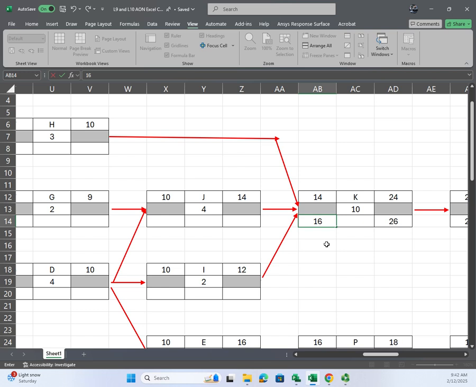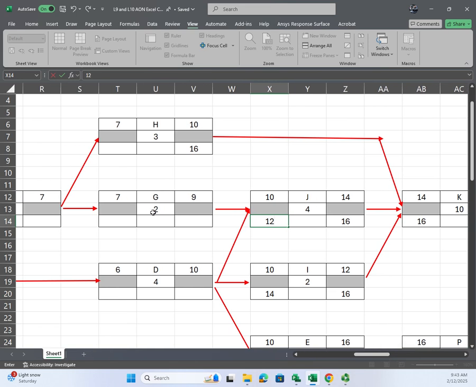Okay. So 16 goes into I, J, and H. Okay, so I, late start is 14, and J's is 12. H becomes 13.